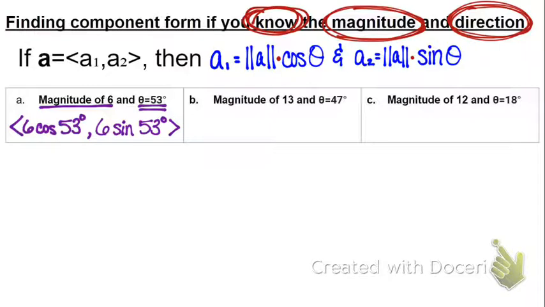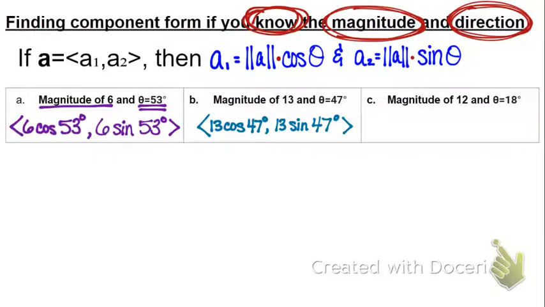Does anybody want to help me write component form for part B? Perfect. That's all there is to writing my component form if I know the magnitude already and I know the direction already.